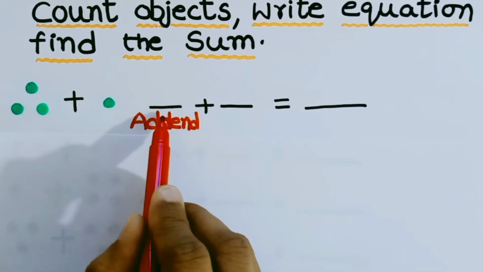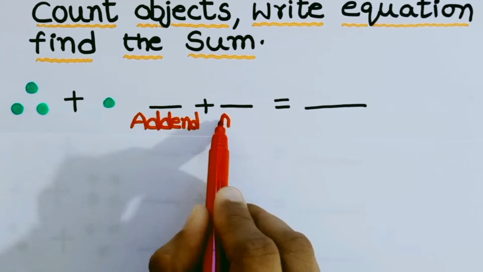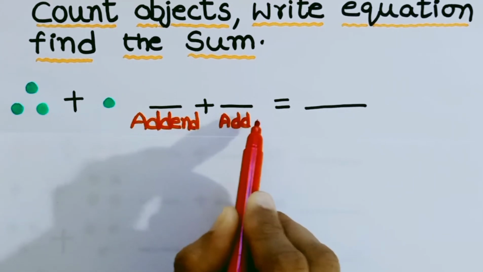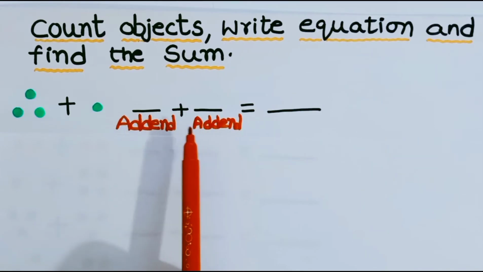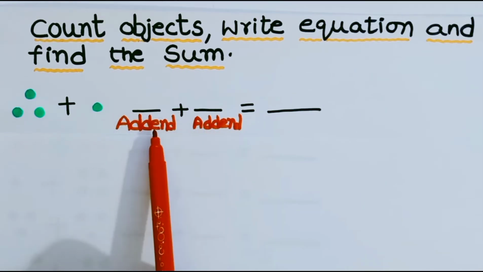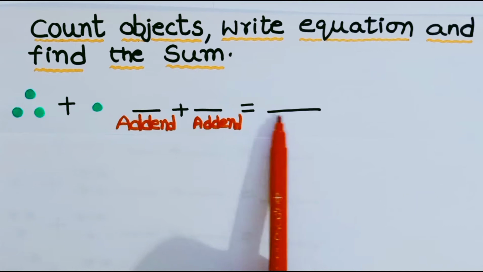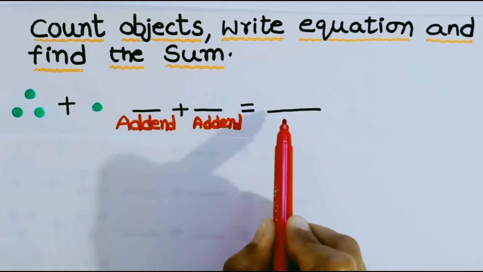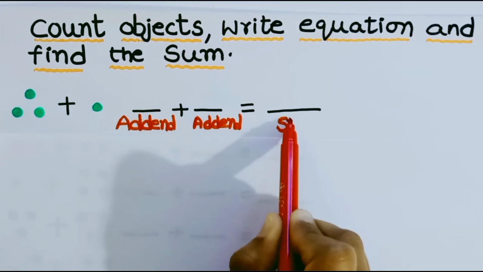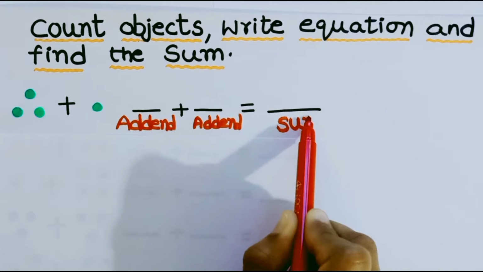So here, this is the first addend and this is the second addend. The total value of the two addends will be written in this blank. What is this? Yes, it is a sum. S-U-M, sum.